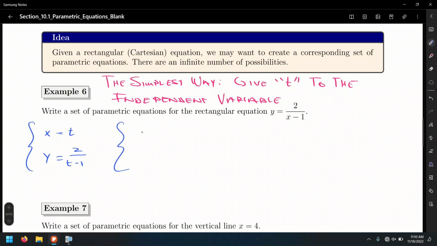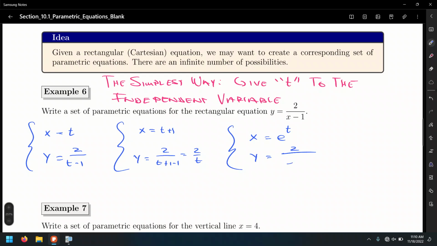Another example. How about x equals t plus 1, because why not? Because we can. Then y equals 2 over t plus 1 minus 1, which is 2 over t. And that's another possibility. How about another possibility? I don't know, x equals e to the t, because we can.